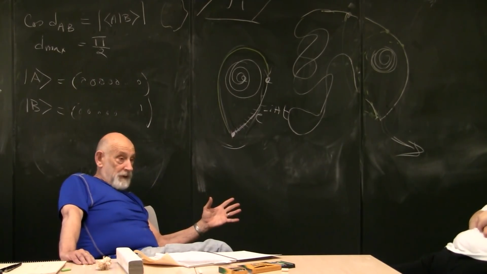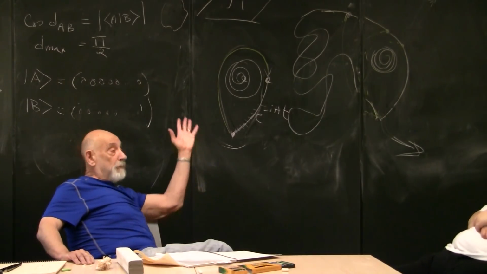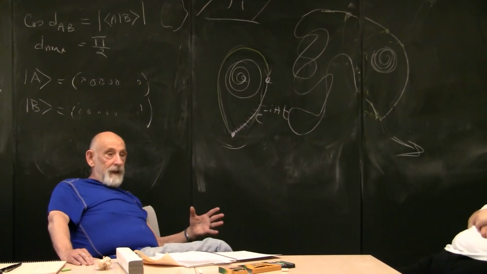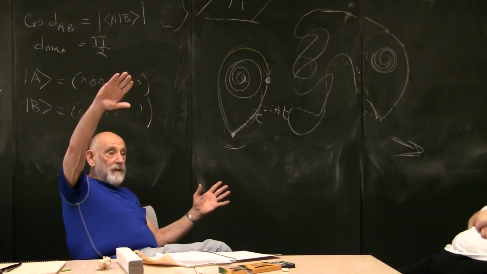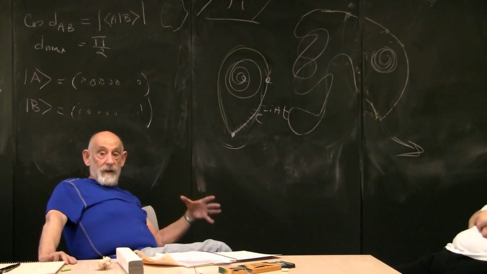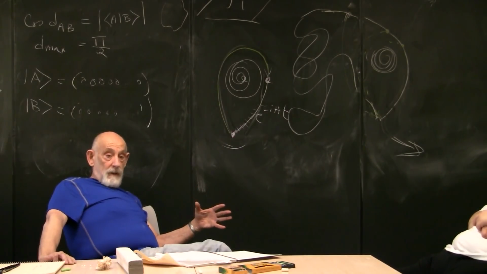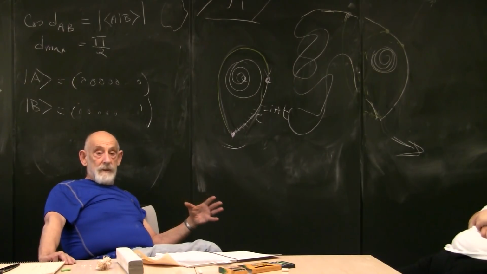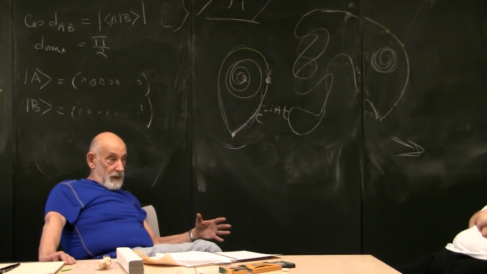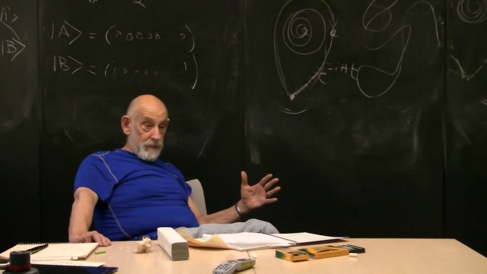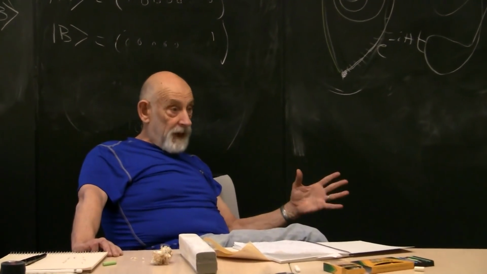Remember, maximal complexity is either 4 to the n or 2 to the n, depending on whether we're talking about states or unitary operators. That it just increases linearly until you hit the maximum. There is an analog in statistical mechanics, and it is the statement that entropy increases linearly until you hit equilibrium, which is the maximal for a given energy, for example.